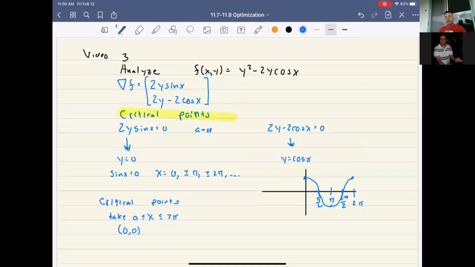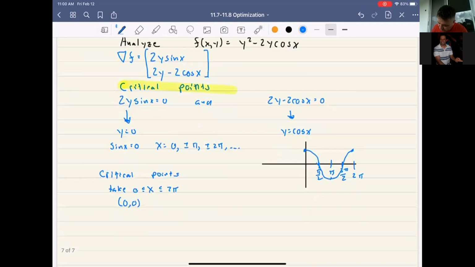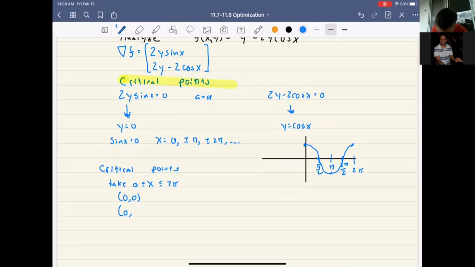Okay. But also we have 0, pi over 2. Hold on. No. Sorry, that's not going to work. Okay, because if both of these are 0, then let's see. No, that's actually not going to work.